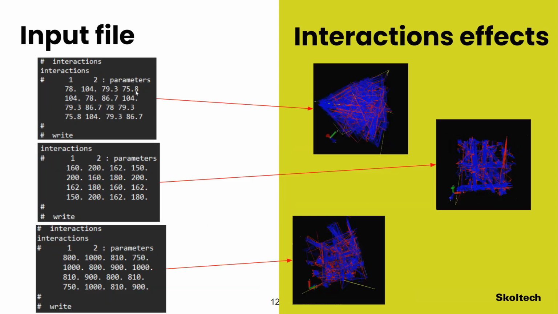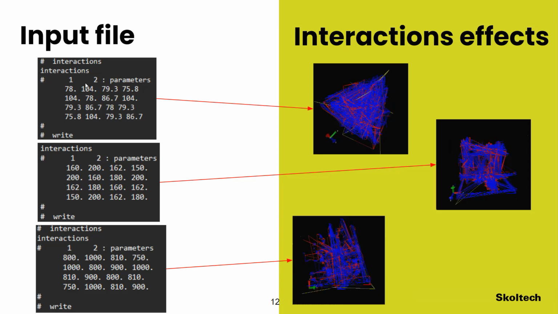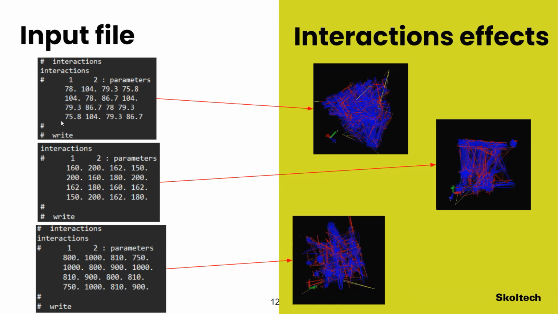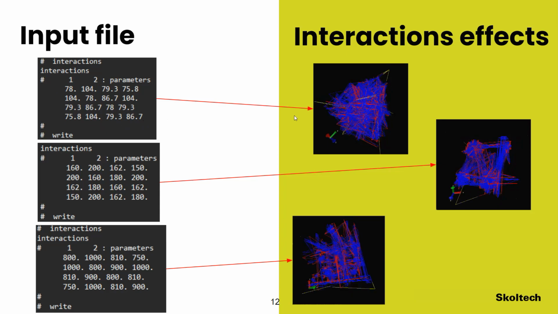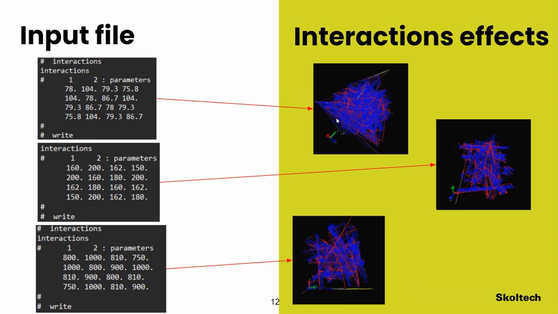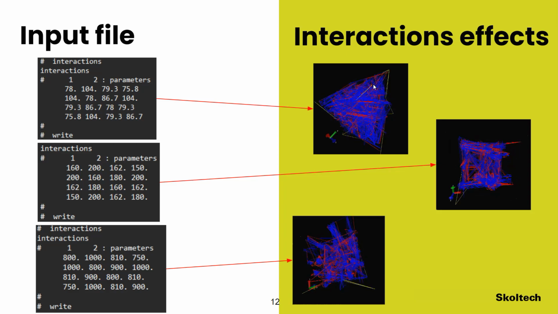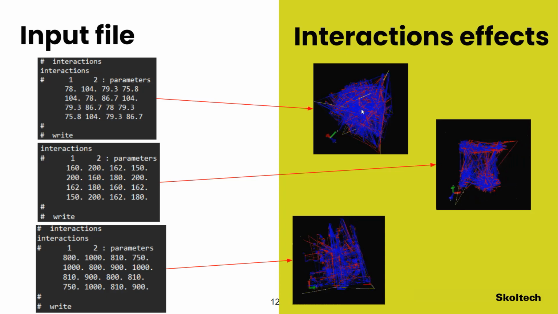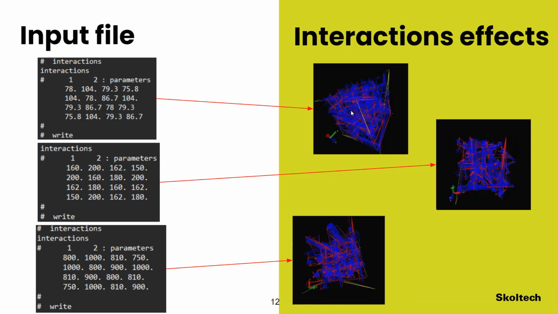We can change parameters here, like the smallest parameters that I tried for the lauryl sulfate, and here you see the modeling of this system. It's how the particles behave in the solution.